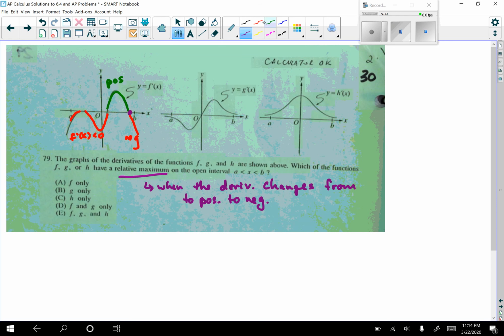When we're changing from positive to negative, we have a relative max. For g of x, everything over here is negative, and then we change to positive. So changing from negative to positive, this will give us a relative min right here. And then if you notice for the graph of h prime of x, all of these values are positive. So there is no change, no maxes or mins for h prime of x. So that's what makes A, F only, our answer.